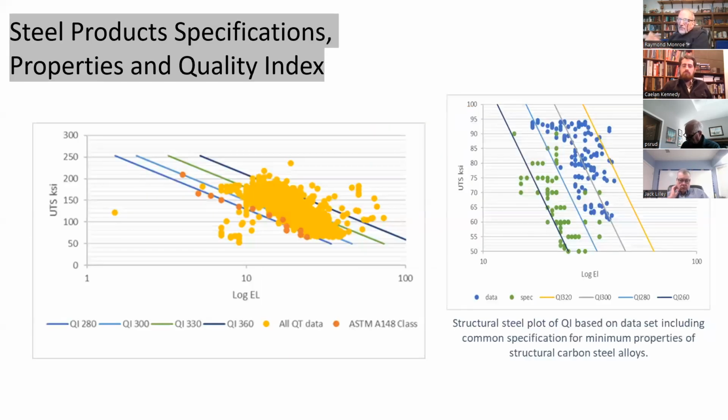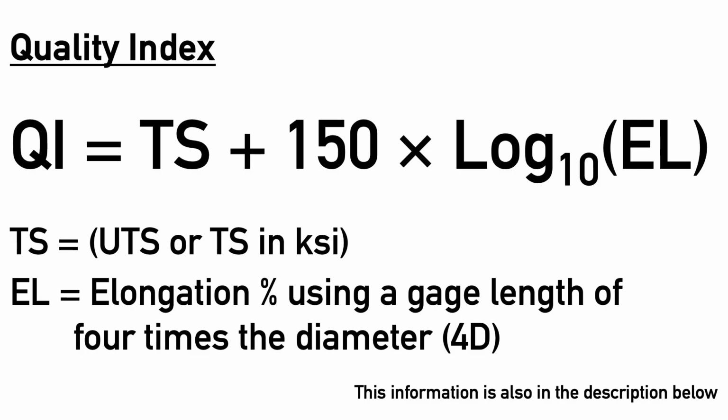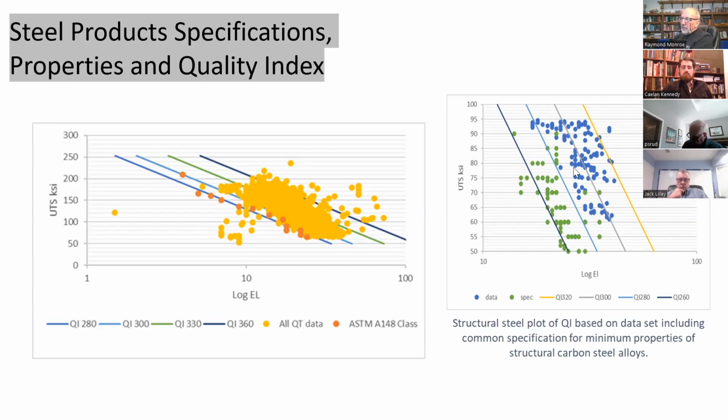The other thing is Charlie proposed a quality index, and that was used by the aluminum people to look at test specimens and see whether or not they had enough porosity to affect the properties. And so I did 2 things. One is I took all of the ASME boiler code and plotted the elongation ultimate tensile strength requirements in green.